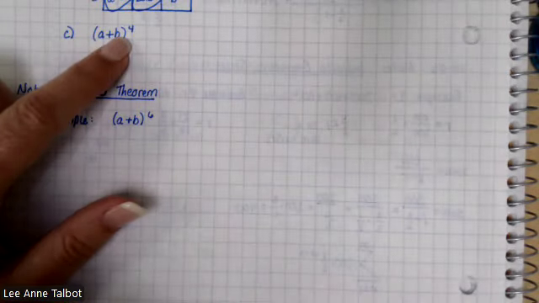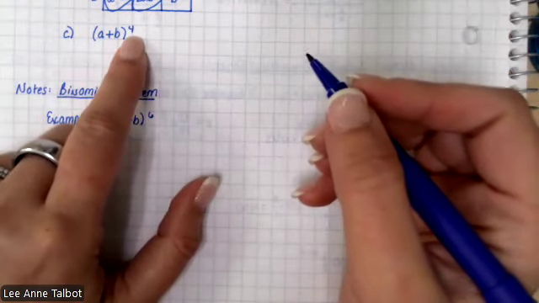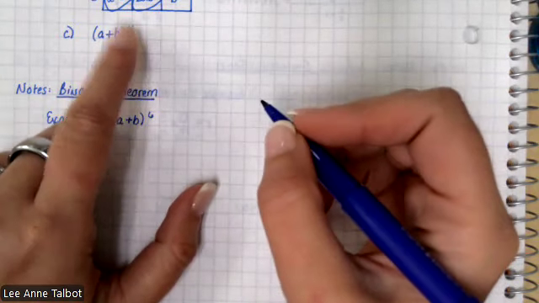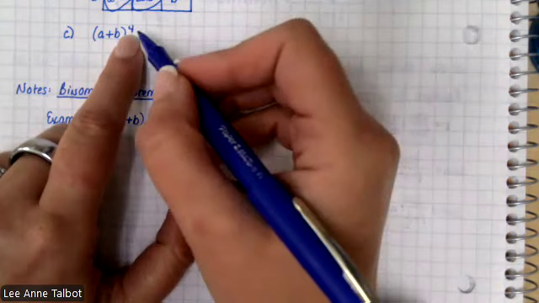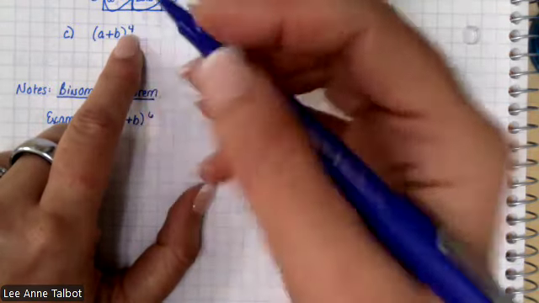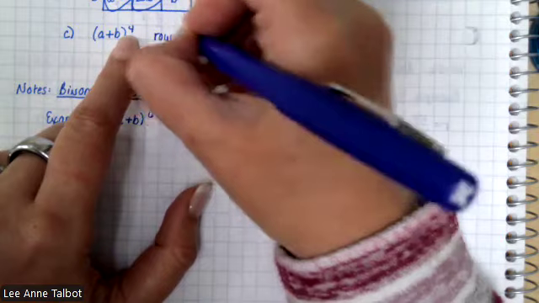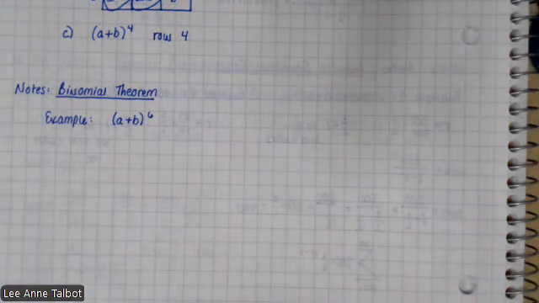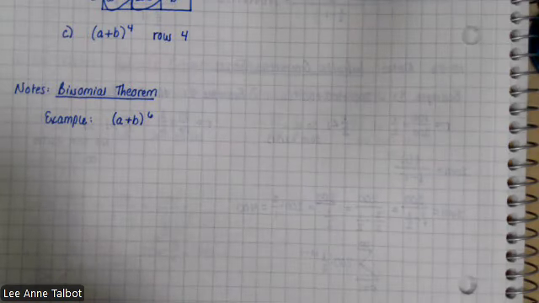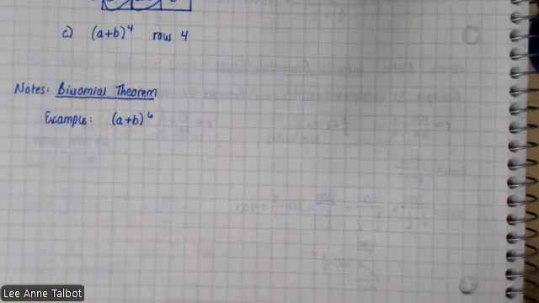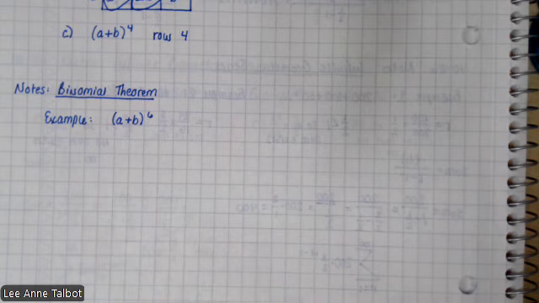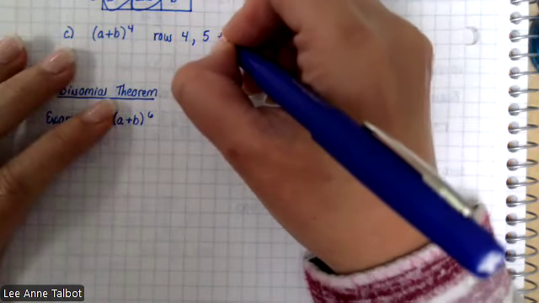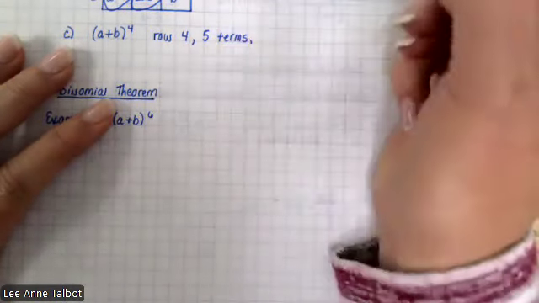Now number C. We need to know first, what row is this going to be? There's a big clue right here. 4. Now next question. How many terms will row 4 have? Look at your resource page. Look at row 4. How many? 5 terms.